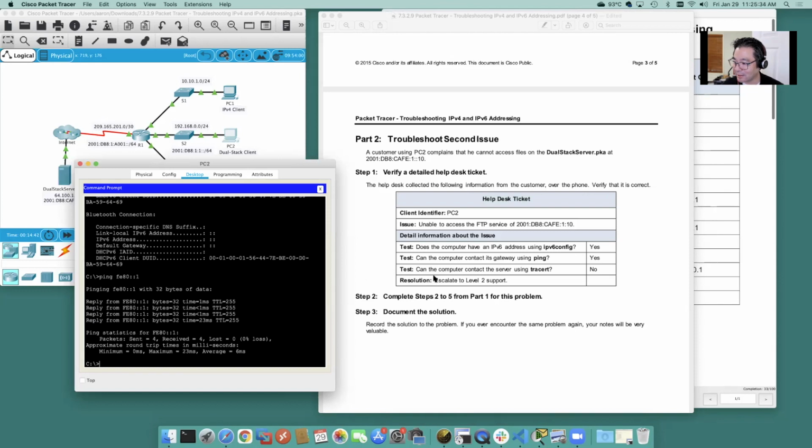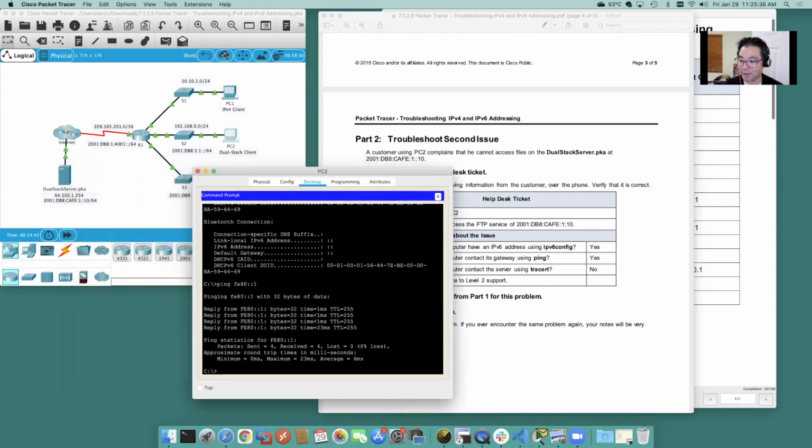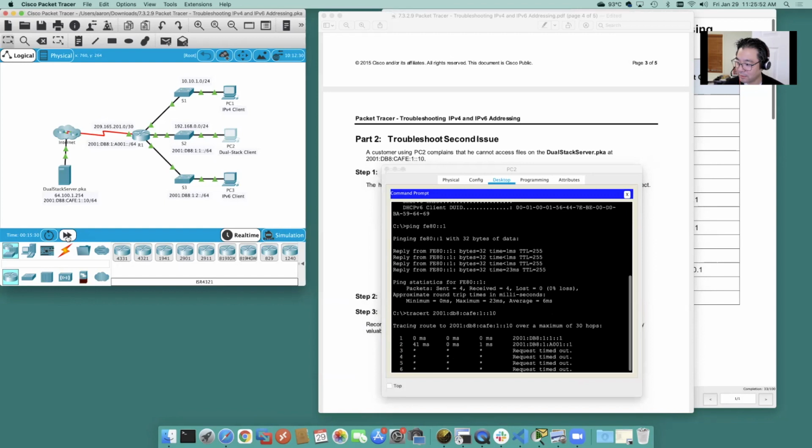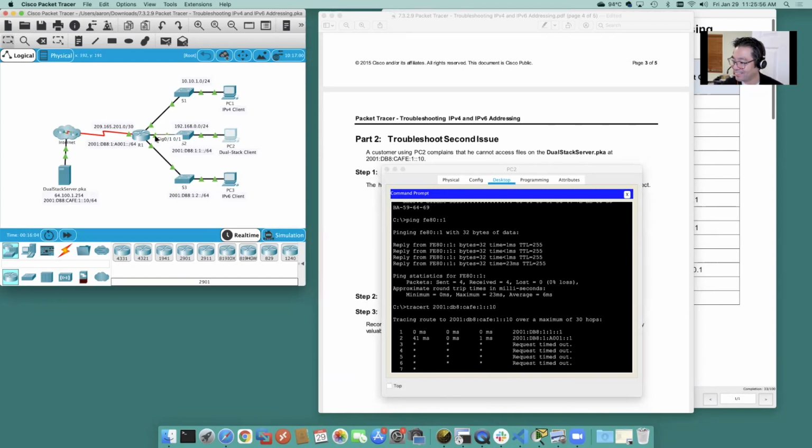Can the computer contact the server using traceroute? CAFE:1::10. Oi. Okay. It hits its gateway there, hits the front door. I'm guessing it makes it out to here and then dies right there.